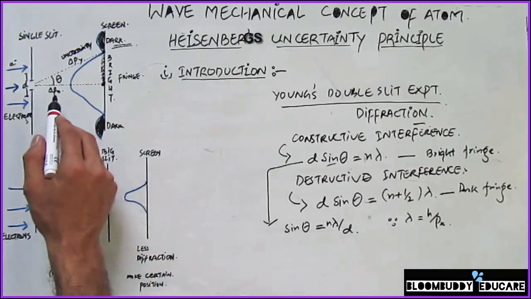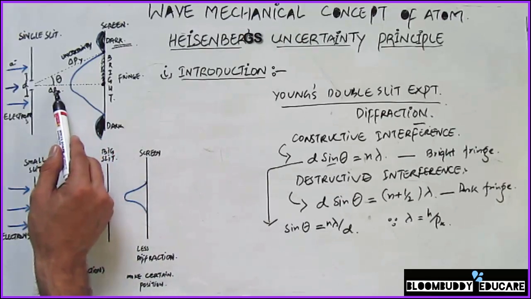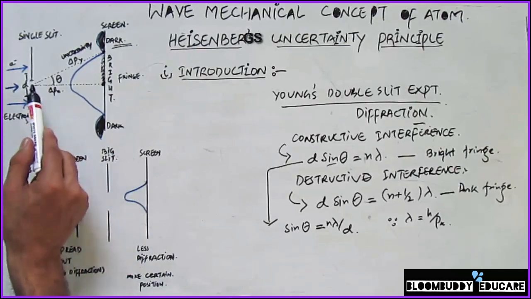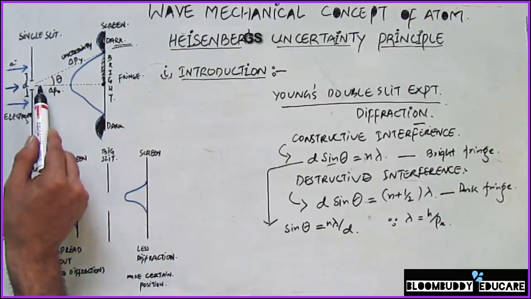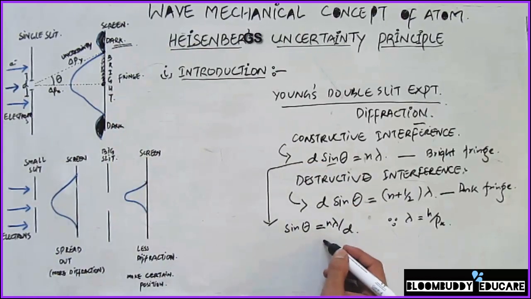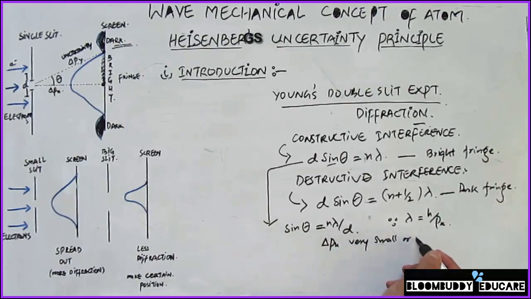In the image that I have shown here, you can see that delta px is a straight line. That means the change in the momentum of the electron as it goes through the slit is very small here. So we can say that delta px is very small or negligible. The change in momentum on the x-axis is negligible.